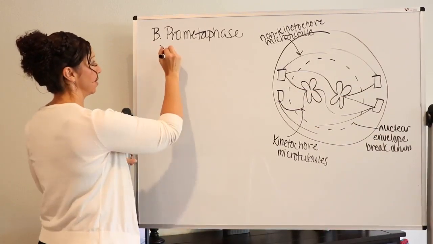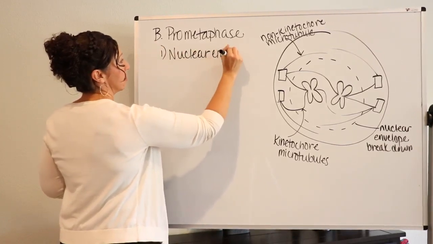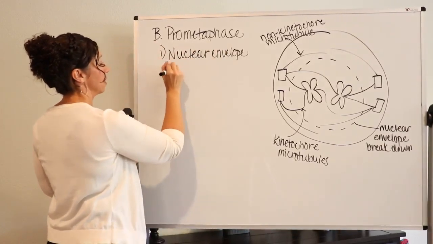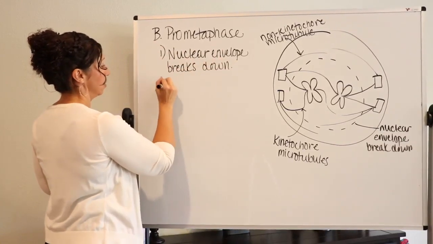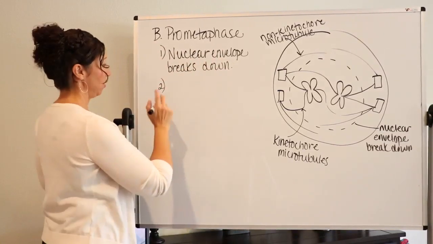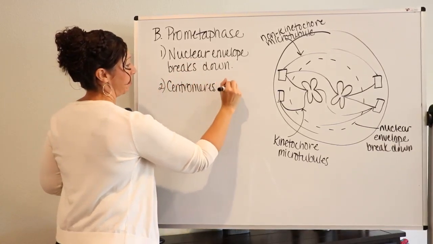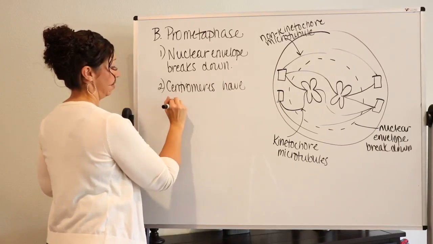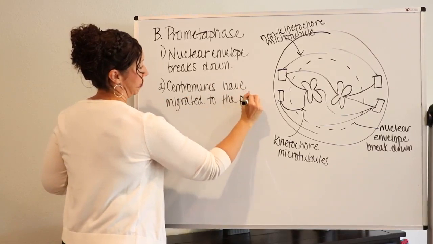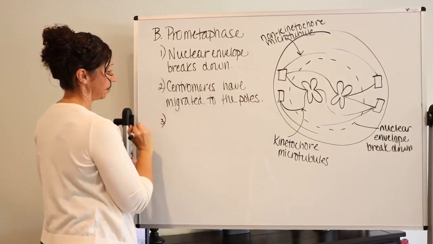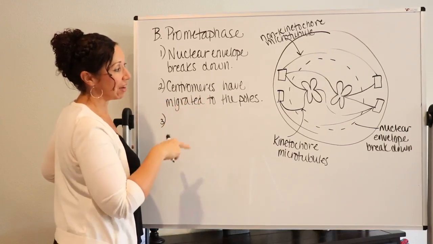So the first thing that's going on is that the nuclear envelope breaks down. And now the centrosomes have migrated to the poles, and now the microtubules have access to the kinetochore region on every chromosome.